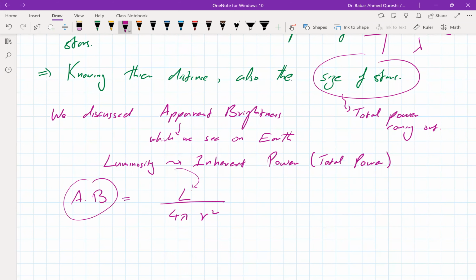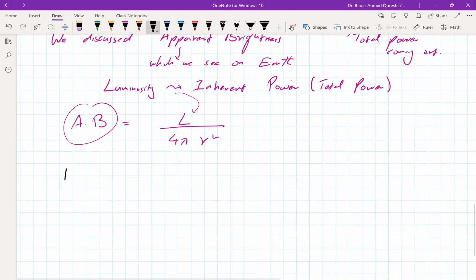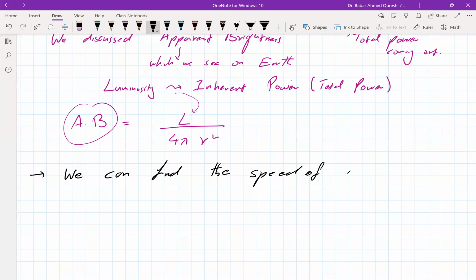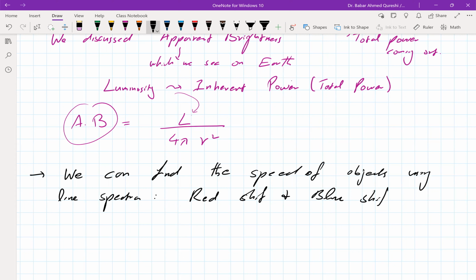Then we also discussed that we can find the speeds of objects using line spectra, which was essentially how the lines shift, redshift and blueshift. Unfortunately, the most interesting application of this redshift, we haven't been able to discuss.